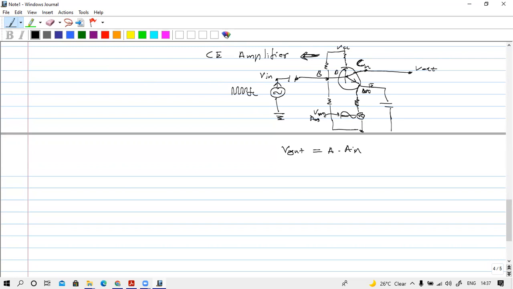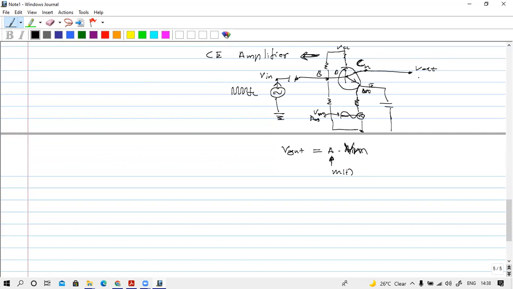According to this voltage value, the transistor biasing is changing, so because of that this A also changes. The gain A is changing according to this audio signal, with time. So we get V out equal to A times V in.